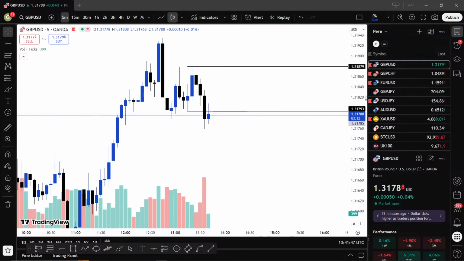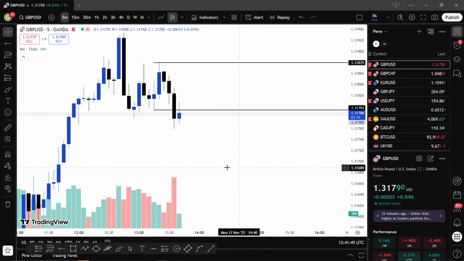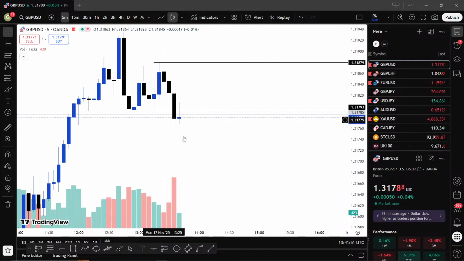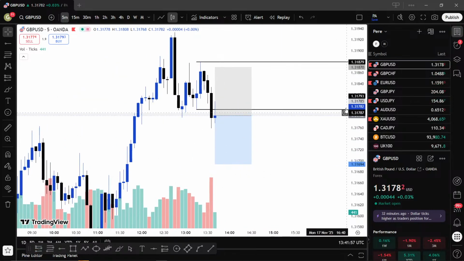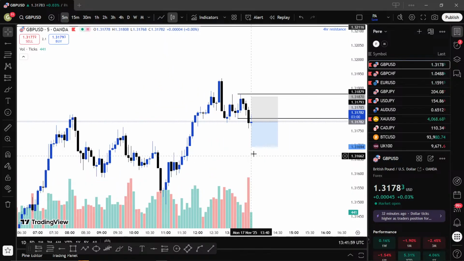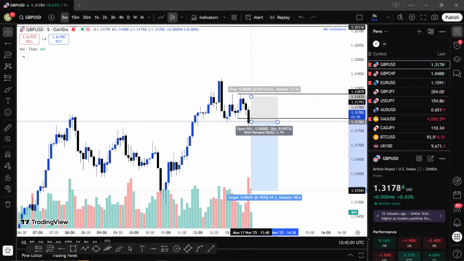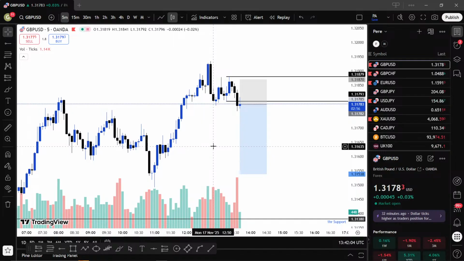Looking at it right now, we have our first position here, which is a short on GBP USD. So you can actually sell GBP USD from here. You target a 1:2. If you are live with me, you can actually sell GBP USD right now. You can go short on GBP USD.